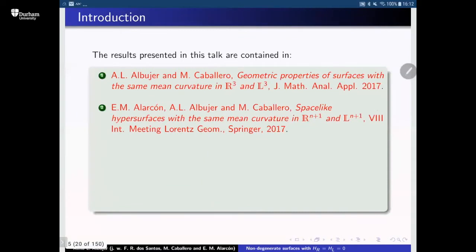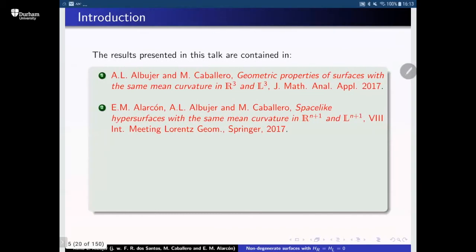The results presented in this talk are partially contained in the following works. I started with this topic after reading the paper of Kobayashi with a colleague from the University of Córdoba, Magdalena Caballero. So we started studying some properties of the geometry of such surfaces in the Euclidean space and the Minkowski space. Later, we generalized some of the results to general dimension, jointly with Eva Alarcón.